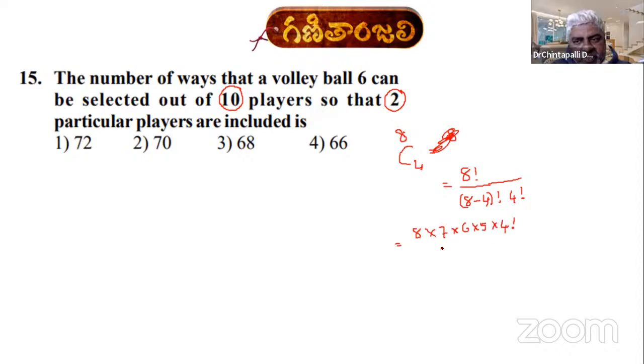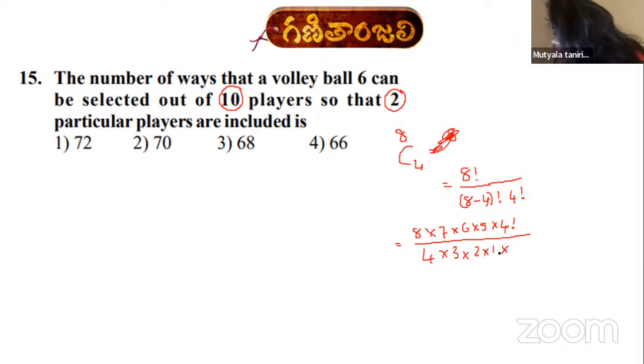Whole by 8 minus 4 means 4 factorial, and 4 factorial is 4 times 3 times 2 times 1. 4 factorial cancels with 4 factorial. 4 times 2 is 8, 3 goes into 6 two times, so we get 5 times 4, which is 20.